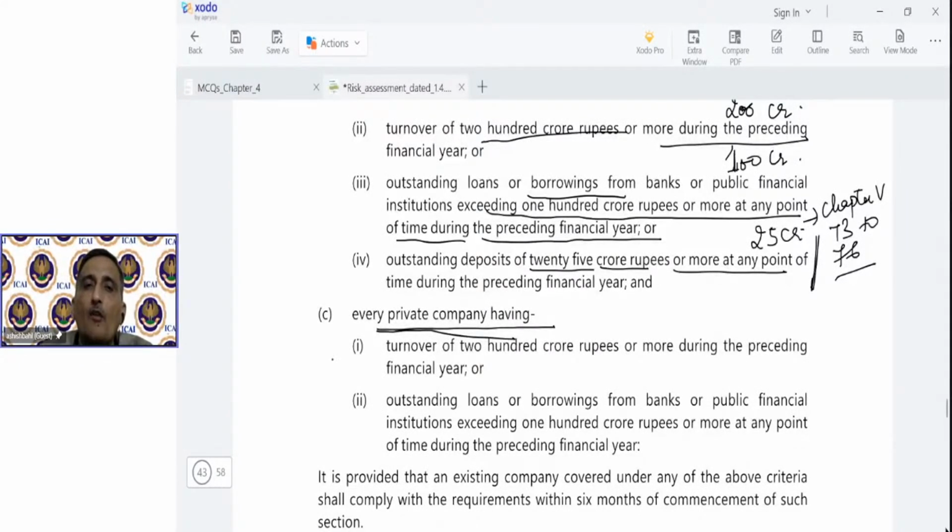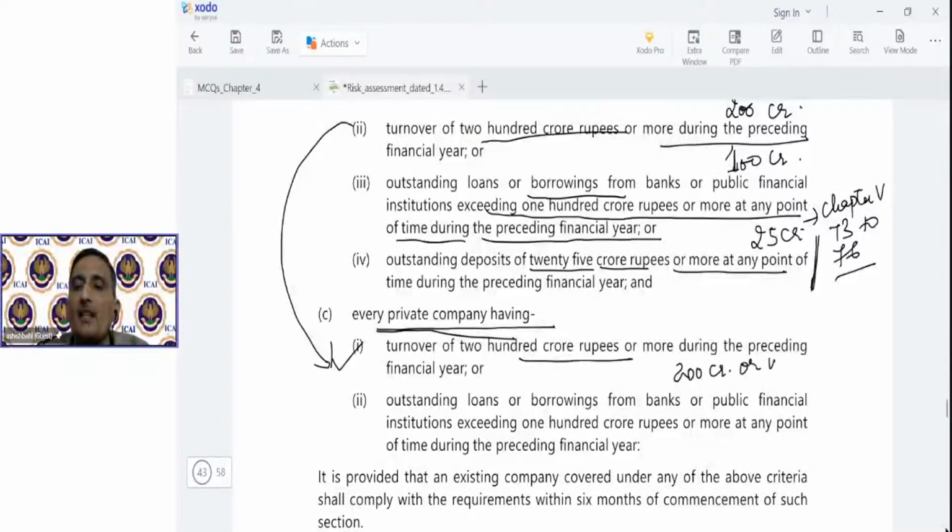again, the turnover condition. It is the same as in the case of unlisted public companies. Turnover of 200 crore or more during the preceding financial year. And outstanding loans or borrowings from banks or public financial institutions exceeding 100 crores or more at any point of time during the preceding financial year.